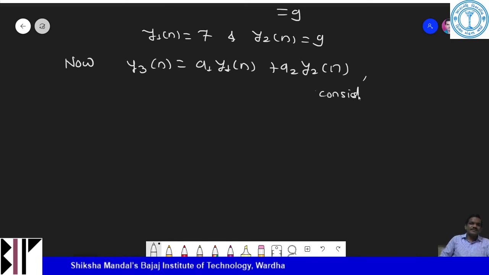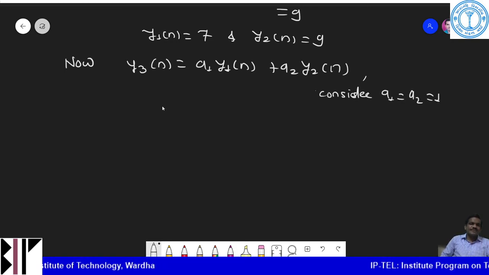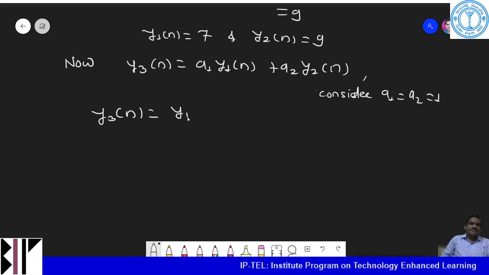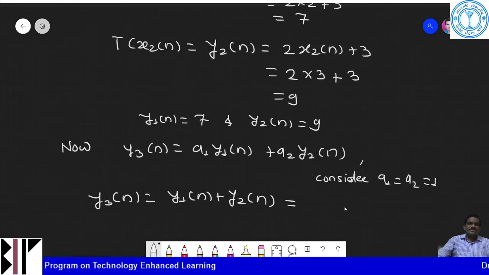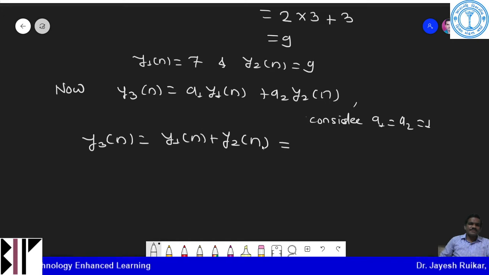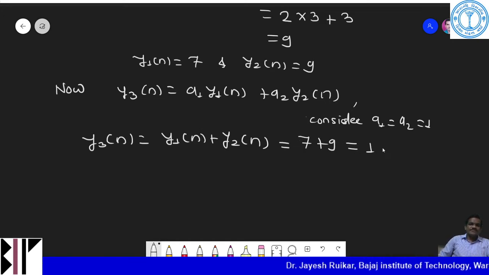Consider a1 equal to a2 equal to 1. So y3 of n is nothing but y1 of n plus y2 of n, which is 7 plus 9, equal to 16. So this is your y3 of n.